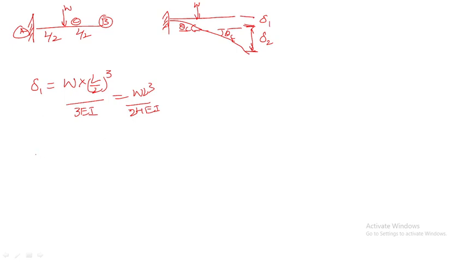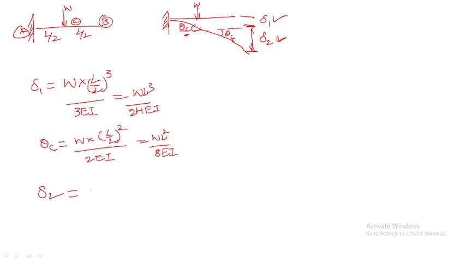Now slope, how will you calculate the slope? That is theta C, that is W into L by 2 whole square divided by 2 EI, which is equal to WL square divided by 8 EI, right? Now we have calculated delta 1 and theta C, and now we are calculating delta 2, the deflection at this point.